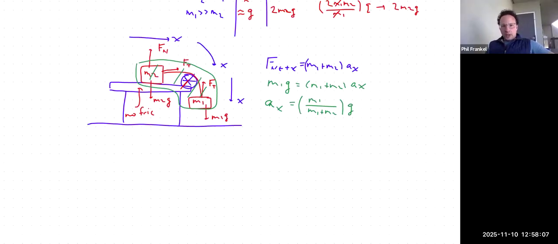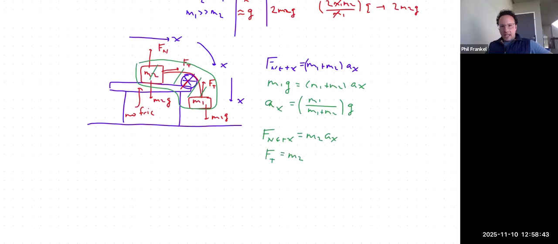Let's apply Newton's second law to mass 2. The net force in the x direction on mass 2 is mass 2 times its acceleration. But if I focus in just on mass 2, the normal force and the gravitational force cancel. So all we have is the tension force pulling mass 2 in the positive direction. So the tension force is the only force pulling mass 2 in the positive x direction. That equals mass 2 times the acceleration.